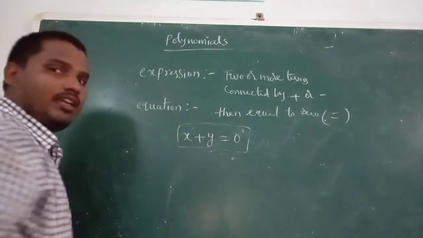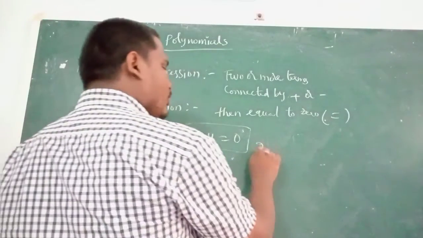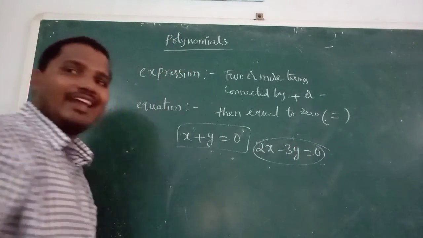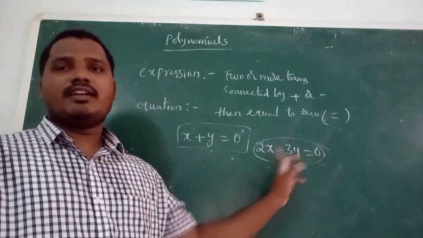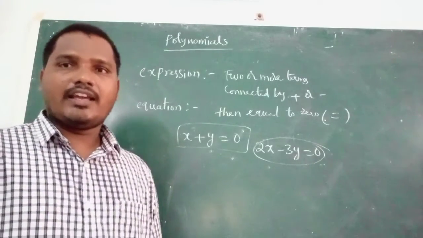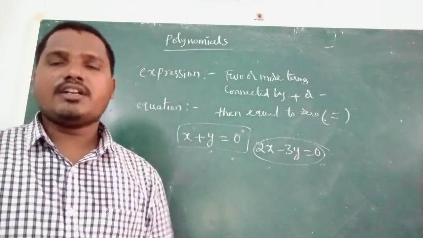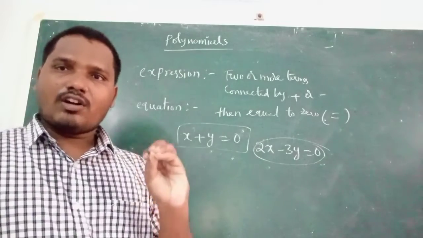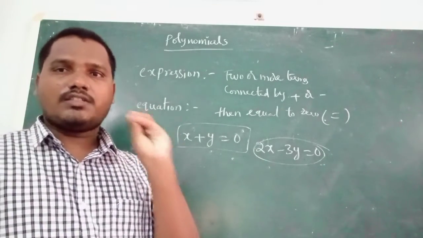This is called an equation. 2x minus 3y is equal to 0. This is an equation. The equal to symbol is there, and LHS and RHS are also there. LHS and RHS both there means it is called an equation. If only LHS is there, it is called an expression.